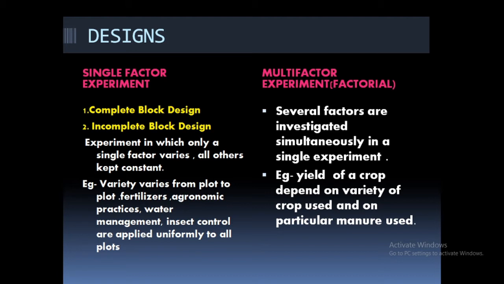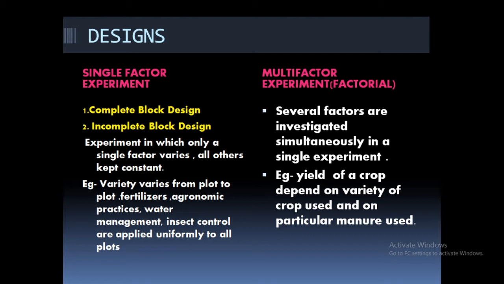Single factor experiments divide into two types, complete block design and incomplete block design. An experiment in which only a single factor varies and all others are kept constant is known as a single factor experiment.